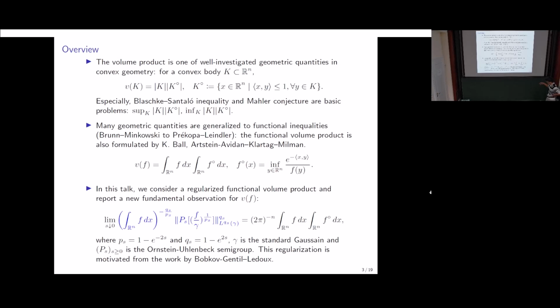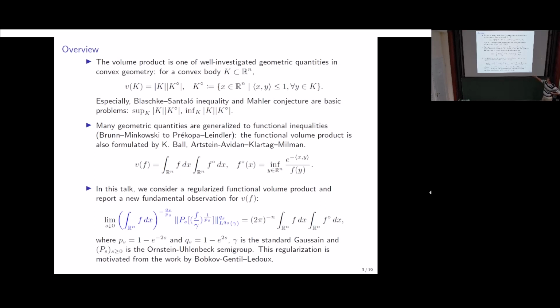In that problem we consider the supremum or the infimum of the volume product. In this talk, we are interested only in the Blaschke-Santaló inequality, and we don't care about the Mahler conjecture. Moreover, we consider the functional version of them.